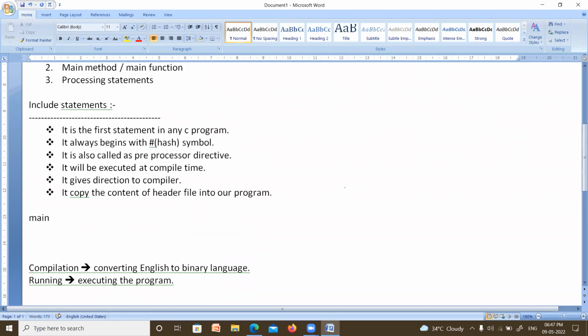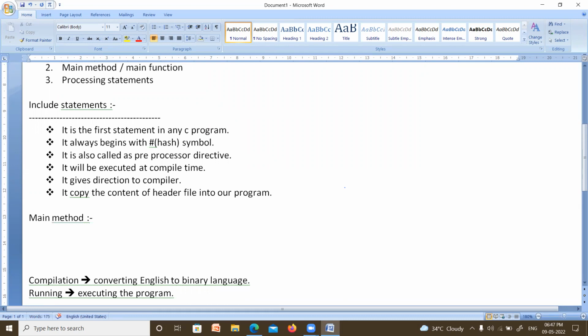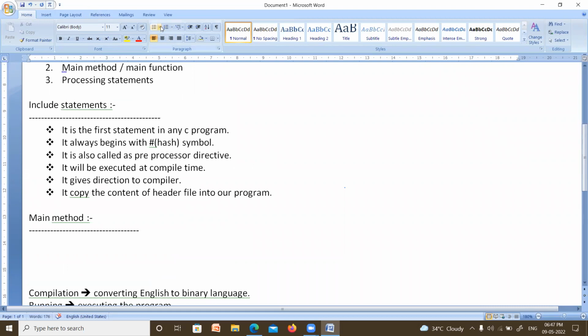What is the main method? It is the core, meaning it is very, very important. It is the core of any program.